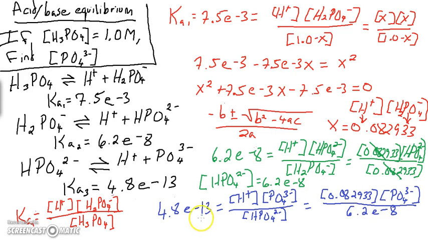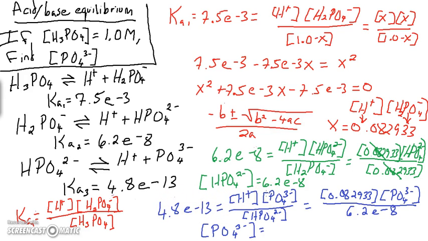Okay, so now we have all of our knowns over here, and we have all the rest as numbers. So we could easily use algebra to solve for this. And if you do, you get a final answer of PO4 3 negative equal to, and how you would do this is, first thing you would do is you'd multiply 6.2 E to the negative 8 times 4.8 E to the negative 13, right? So what you're doing here is you're multiplying this one right over here, 6.2 E to the negative 8 times 4.8 E to the negative 13.